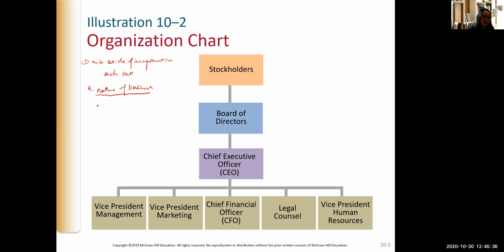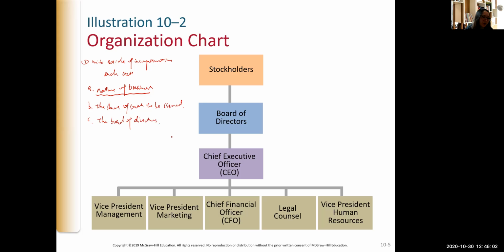Second, if you are trying to distribute shares, or you are a public firm, you need to state the shares of stock to be issued. And third, you need to name the initial board of directors.